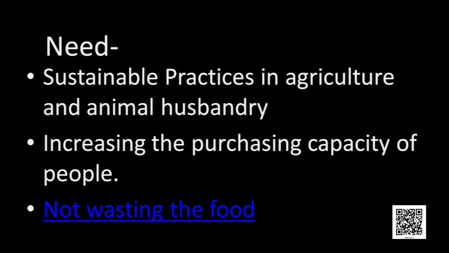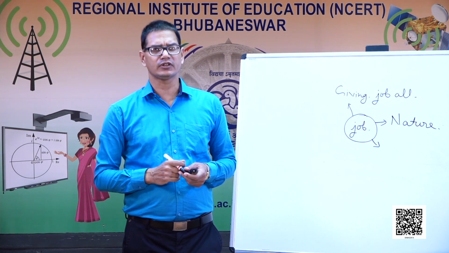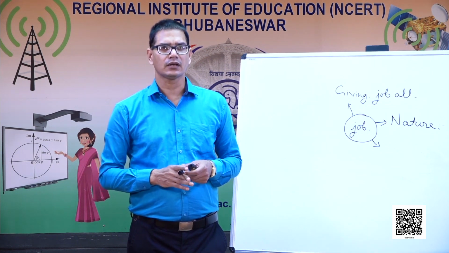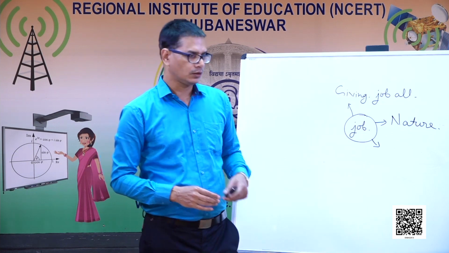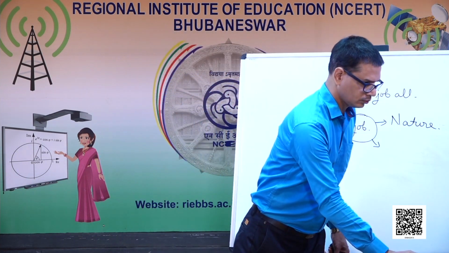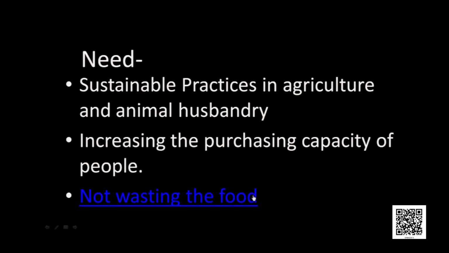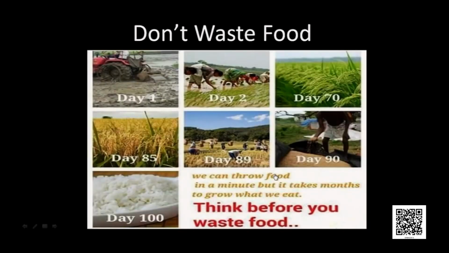This is very important because in our country food is wasted in granaries or in plates in marriage party. Now see a picture. See this picture. How many days is required to grow a food? Day 1, the ground is prepared.